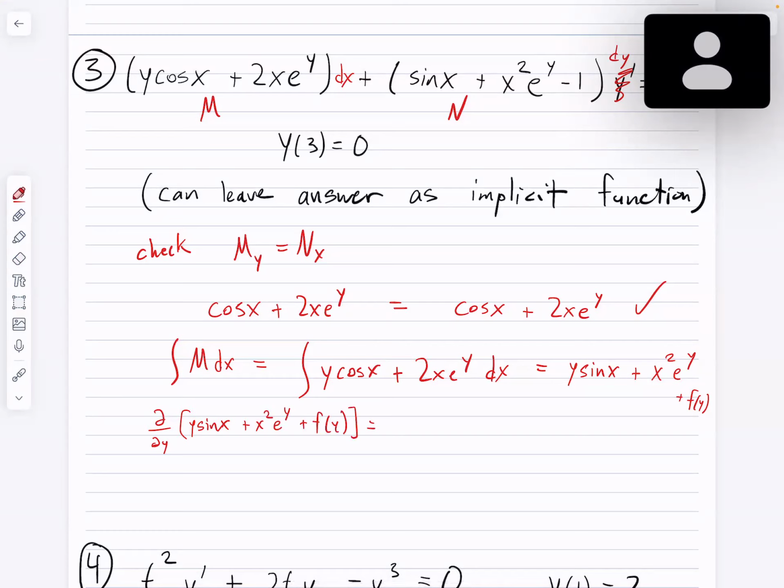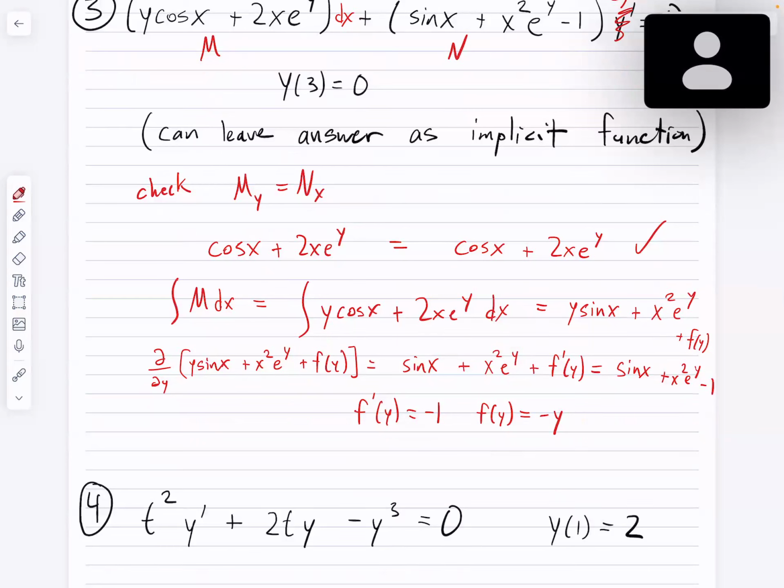Take the partial with respect to y, I get sine x plus x squared e to the y plus f prime of y, and I set that equal to N. So sine of x plus x squared e to the y minus 1. So that means f prime of y equals negative 1, just by canceling out both sides. So f of y equals negative y.